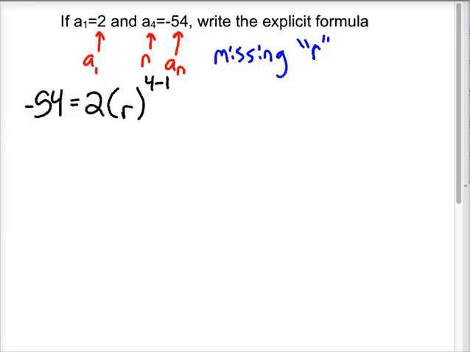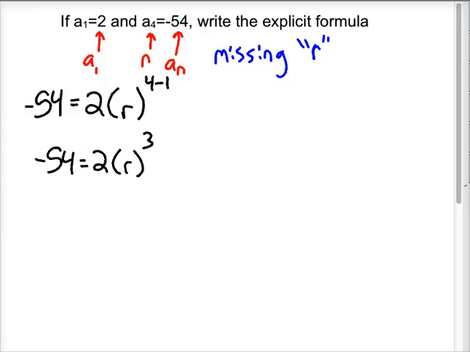So you always plug everything you know into your explicit formula. And now we start solving. Well, the 4 minus 1, that's easy enough. We know that's just going to be 3. And I'll start working to get my r by itself. Well, to get my r by itself, I'm going to divide by 2.